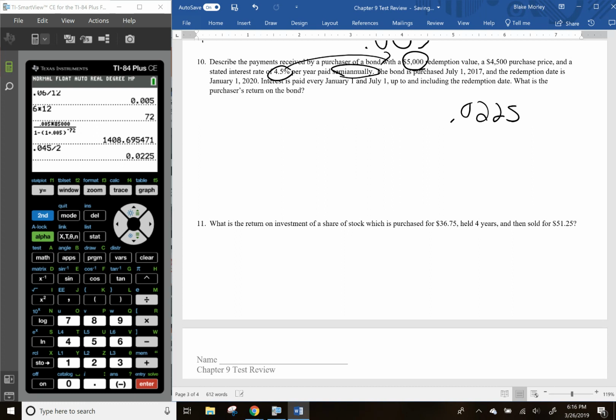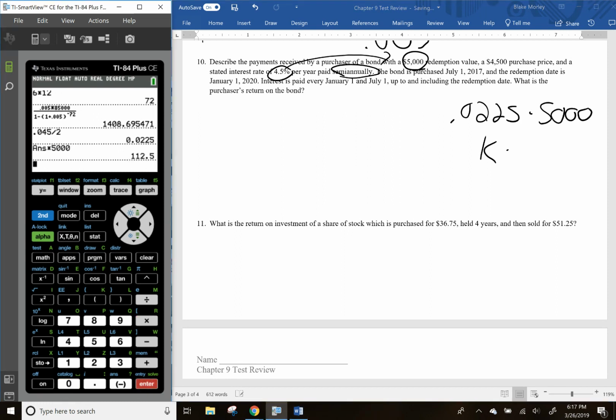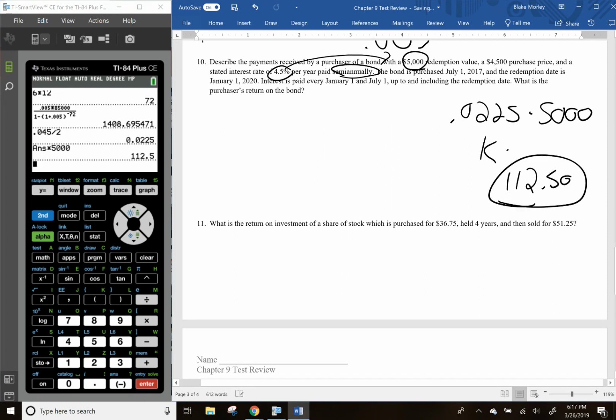I need to find that percentage of the $5,000. So take this number, we can call it the K value, and multiply it with that redemption value, $5,000. That gives $112.50. This is our interest payment that we get every 6 months, twice a year.